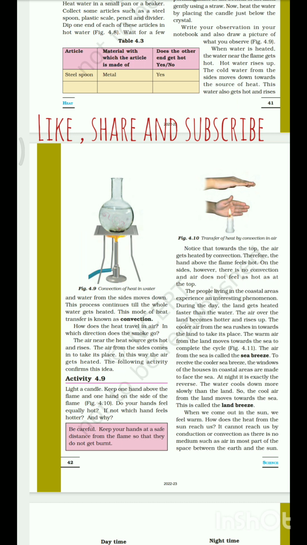And now we will learn about convection in brief. Convection occurs in water and also in air. And now we will study it by an activity.